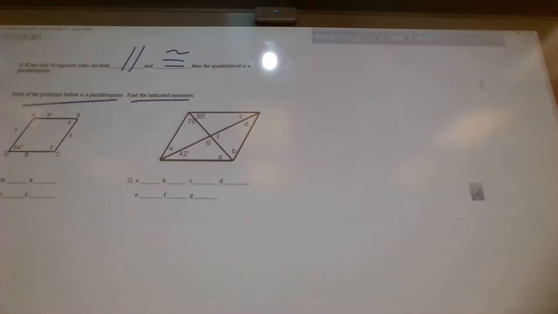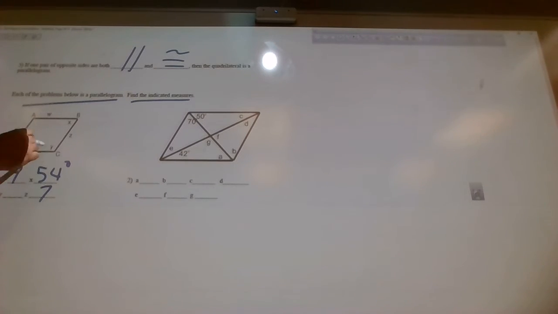Okay, well, we have opposite angles are congruent. So that means that X is going to be 54. Opposite sides are congruent. That means that W is going to be 9 degrees. And Z is going to be 7. Okay? Now, the only thing we have left is that we don't know what Y is.